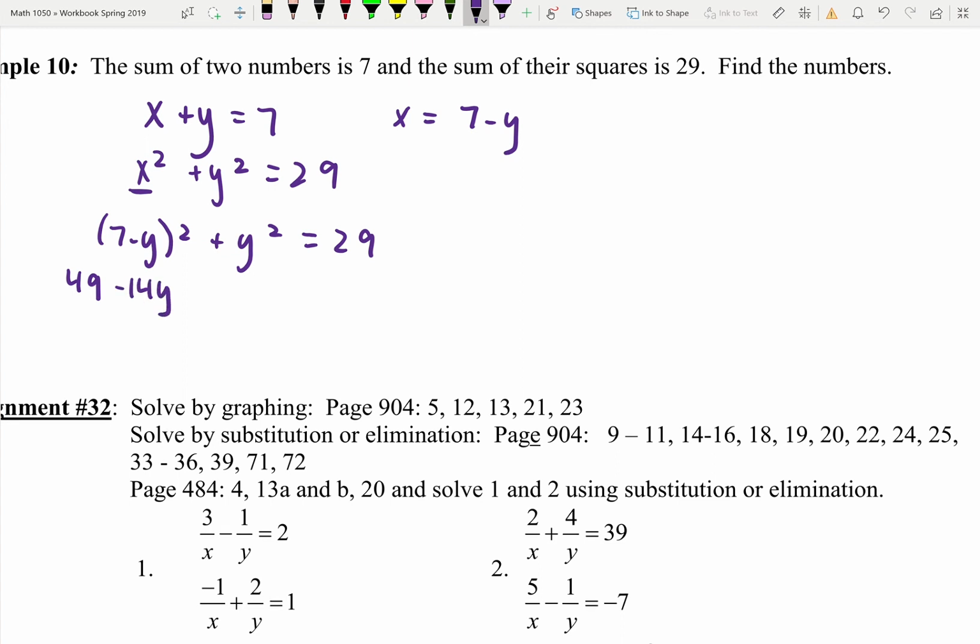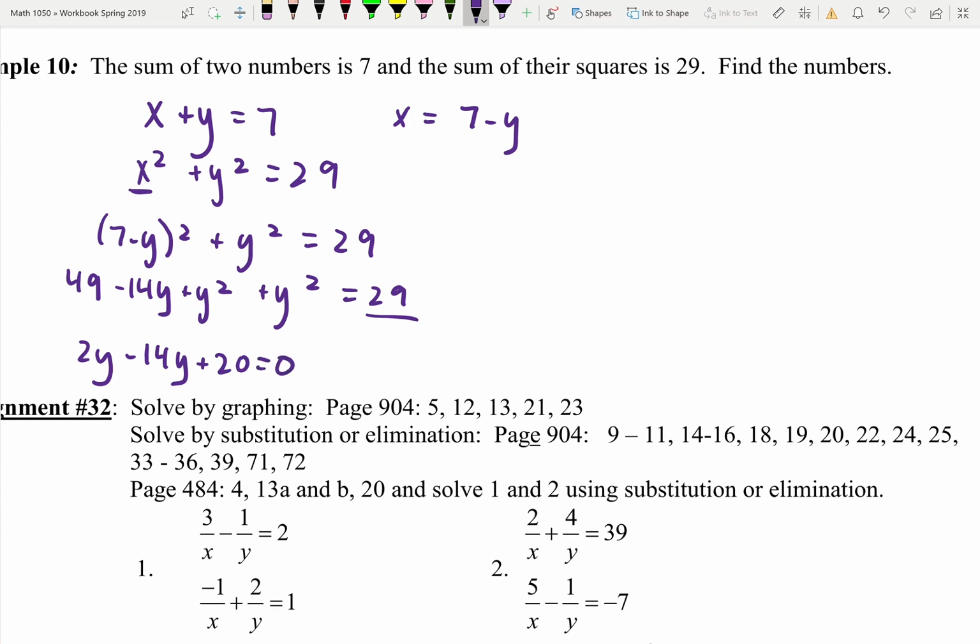A negative y times a negative y is a positive y squared, plus y squared equals 29. I know I'm going to have to factor, so I'm going to pull that 29 over. 1y plus 1y is 2y, so I have 2y squared minus 14y. 29 comes over and becomes a negative, so plus 20 equals 0.